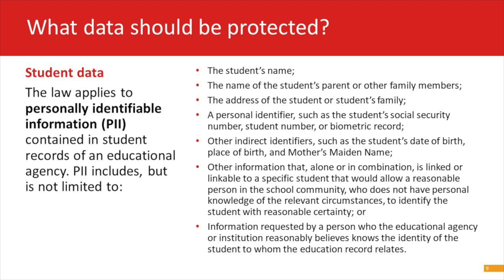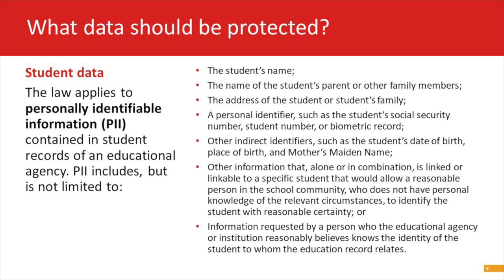Then we have other indirect identifiers such as the date of birth, the place of birth, the mother's maiden name. So you take that information, alone or in combination, that is able to be linked to a specific student and would allow a reasonable person in the school community who doesn't have personal knowledge of that student to identify the student with reasonable certainty.